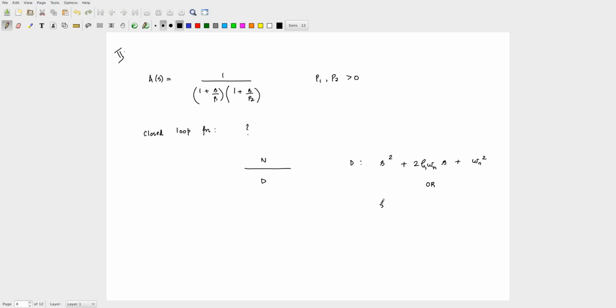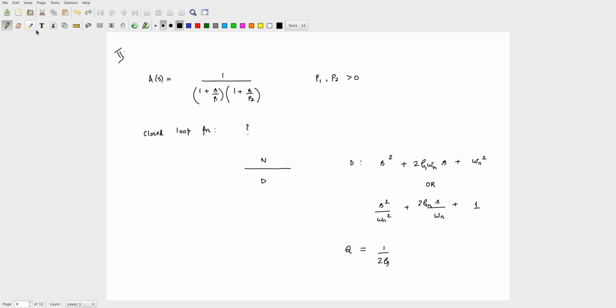You will get s squared by omega n squared plus s into 2 zeta by omega n, plus 1. And how is quality factor related to zeta? You have done this. So you replace this by Q.